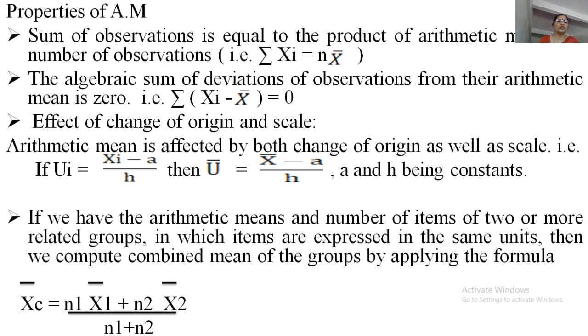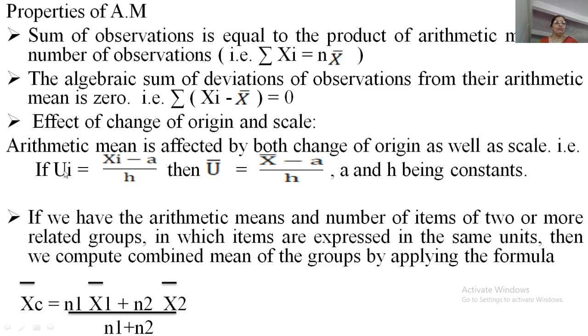So if you take ui equal to (xi minus a) upon h, these are the deviations of xi from a by scale h. Then you compute x bar equal to h times u bar plus a, or your new mean will be u bar equal to (x bar minus a) upon h.